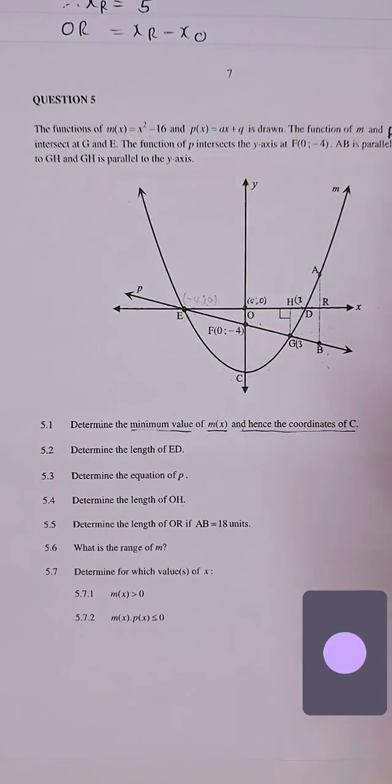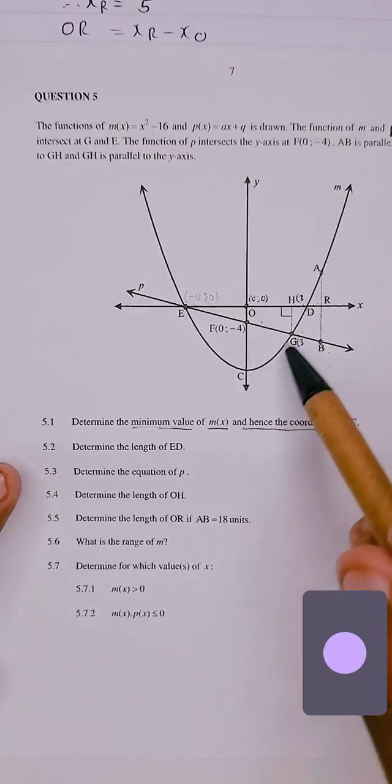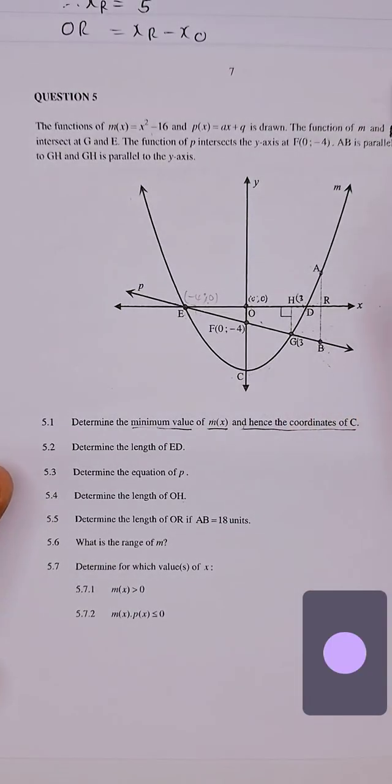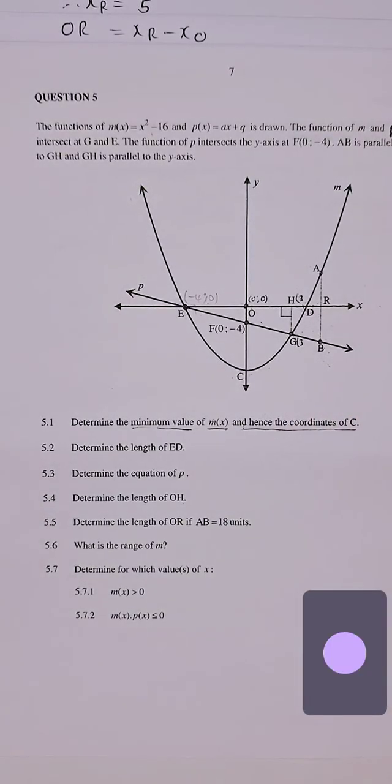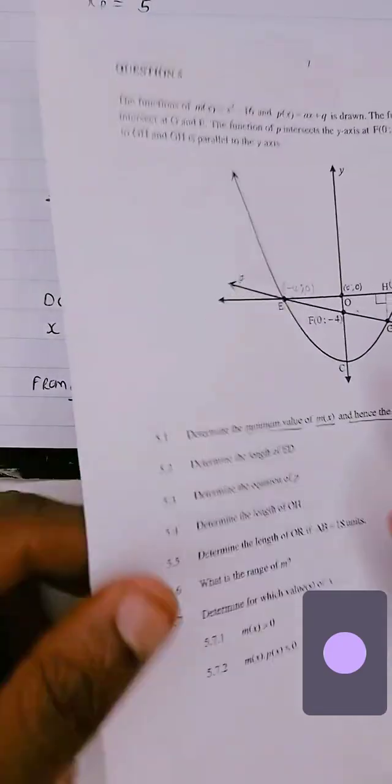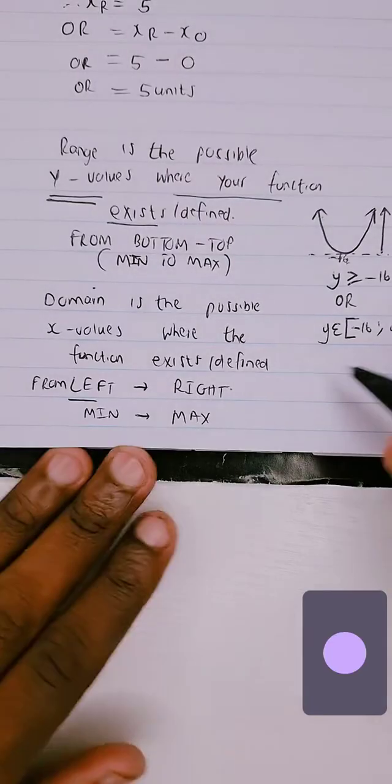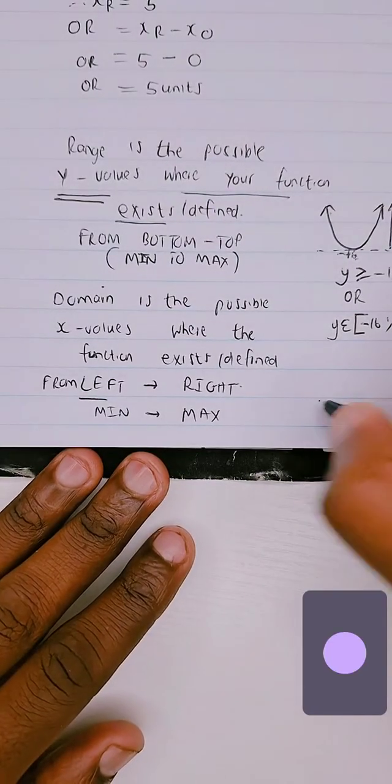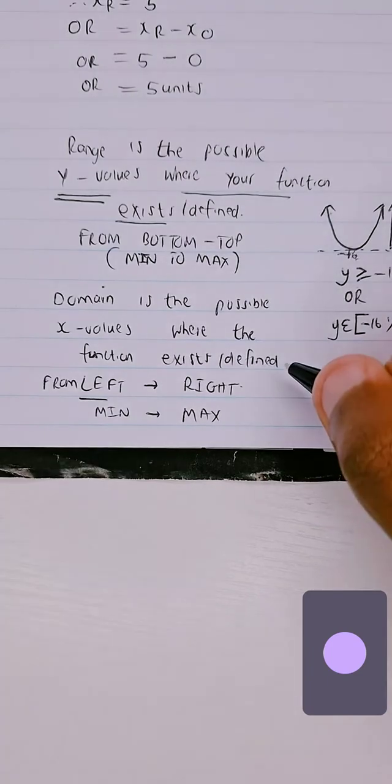Then it turns here, but then it goes on forever to the right. So forever from the left and forever from the right, what does that even mean if we are writing the domain?